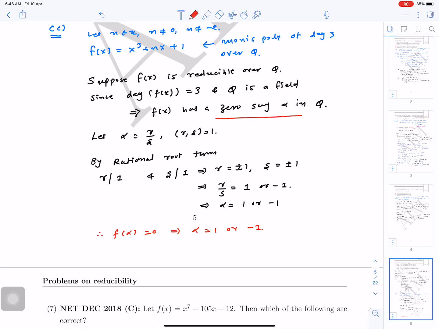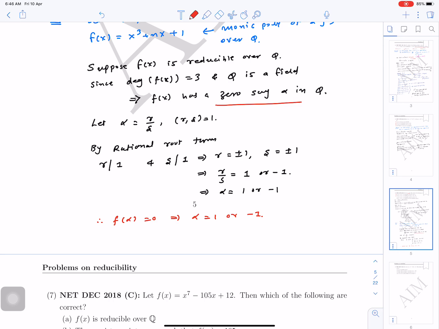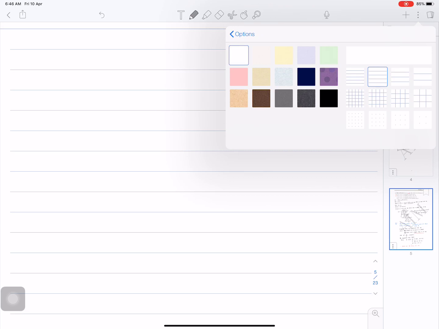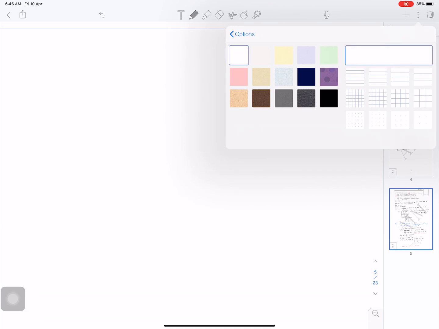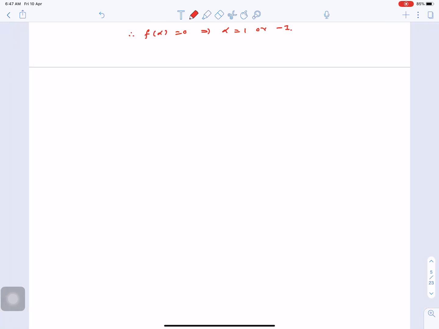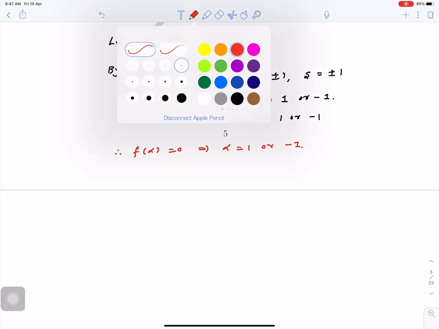Here I need some more space, so let me add one more page. So here alpha is equal to 1 or minus 1. So let us check manually.